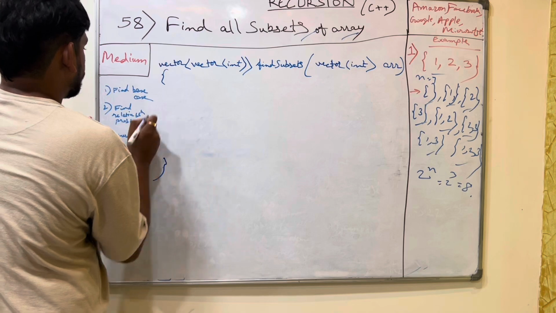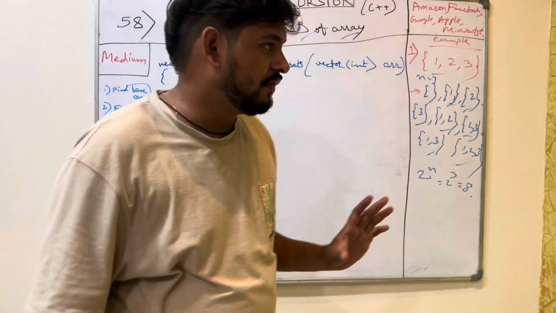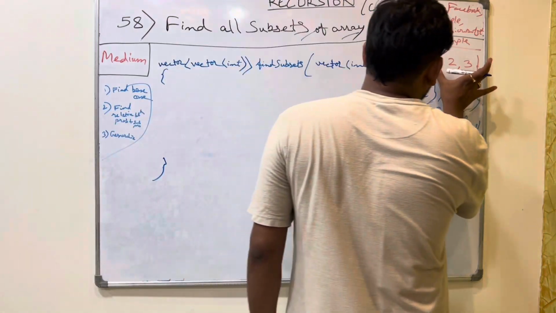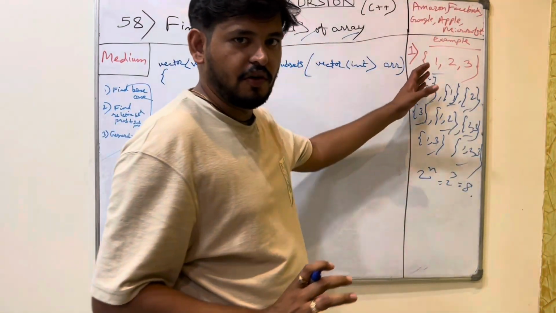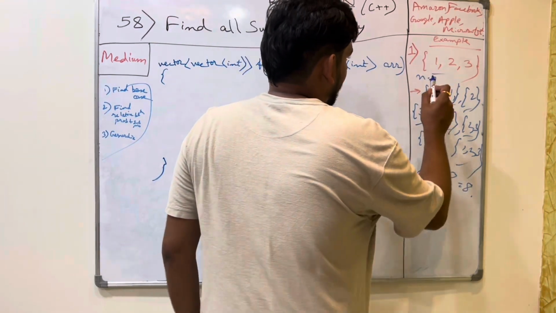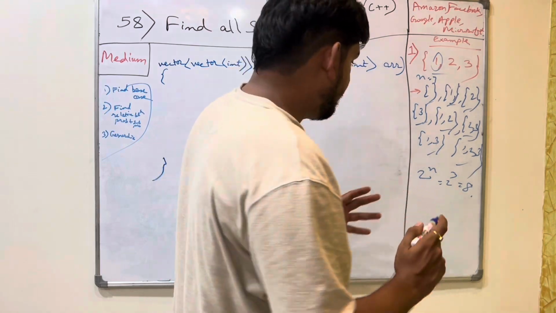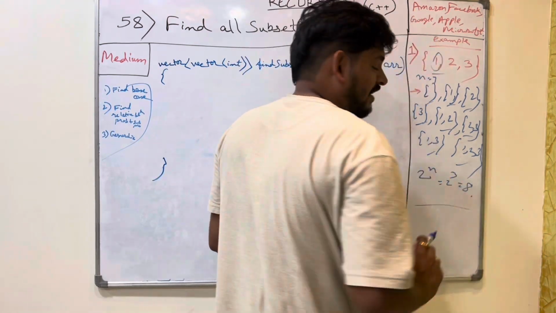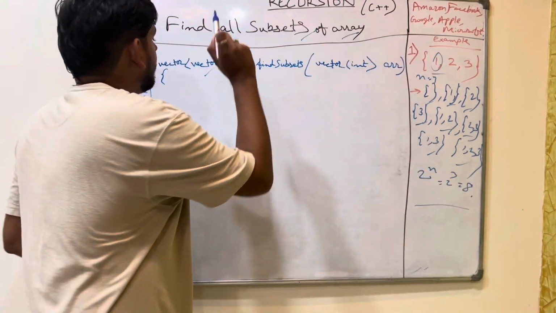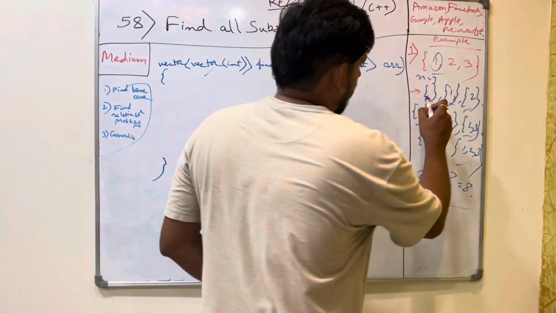So what would be the intuition here? We'll solve it similarly. Any number of elements are given. We'll consider this example. When we start with 1, we will have a vector of vector. As you can see here, the output is a vector of vector, in which we will insert all the subsets.